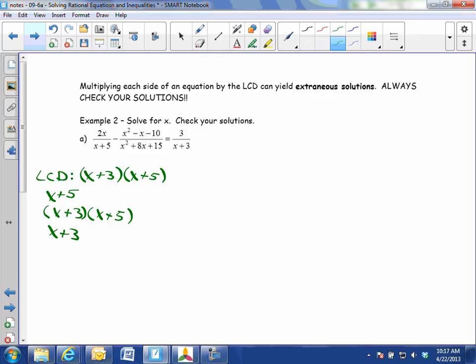Which makes it nice because that means that our middle term isn't going to change at all. Good? Alright, so with our first fraction, what do we have to multiply by so that we get our least common denominator? Yep, x plus 3. So I have 2x times x plus 3 over x plus 5, x plus 3. How about this middle one? Right, we don't have to do anything.